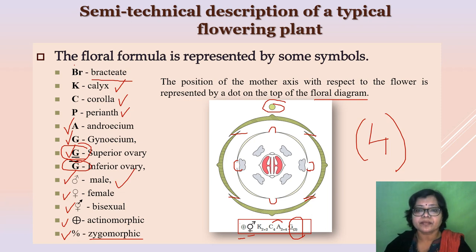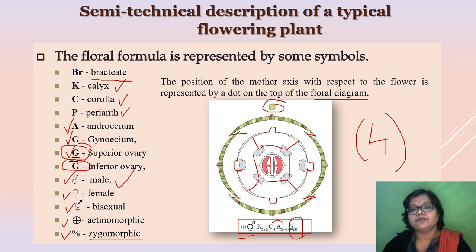And here the stamens are free from each other. If the stamens are attached to each other, then we have to draw in this way. If the stamens are attached to the petal, epipetalous, then we have to draw in this way. Got my point? That is stamen attached to the petals, epipetalous.